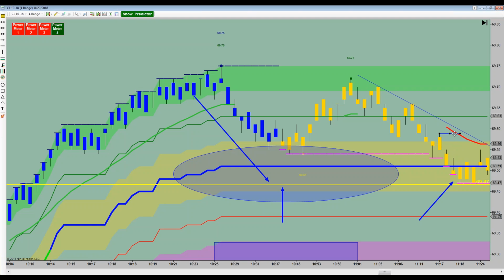Here, let me make it easier. 1, A, B, C. And we'll even go one more. We'll go D. Top of the box. A, B, C, D. Which candle top will form the top of your region box?